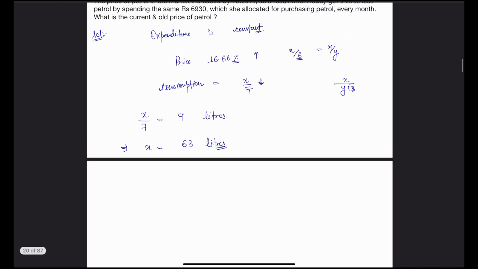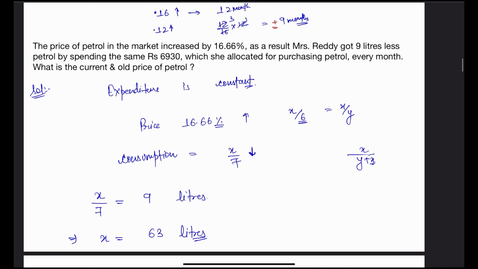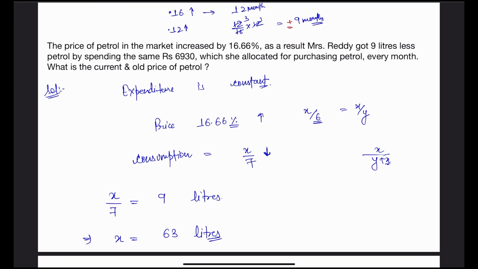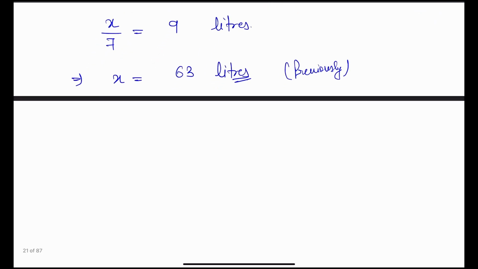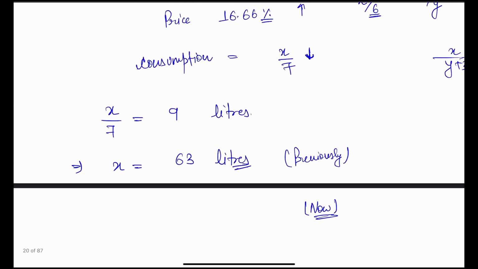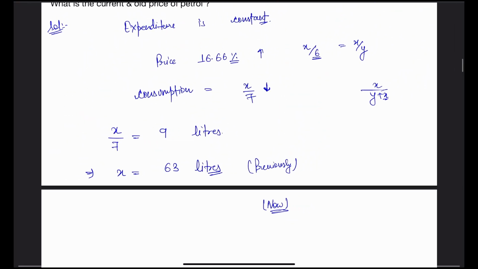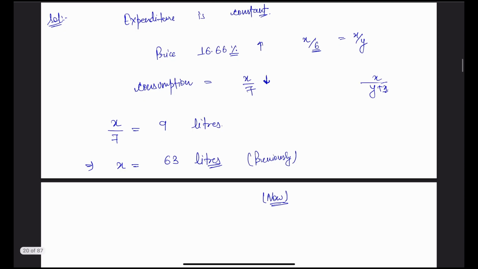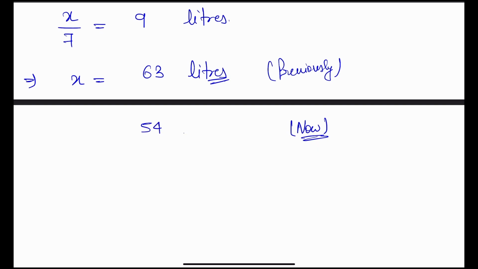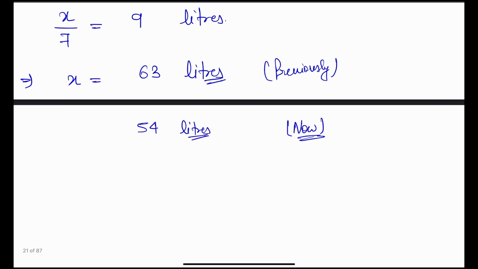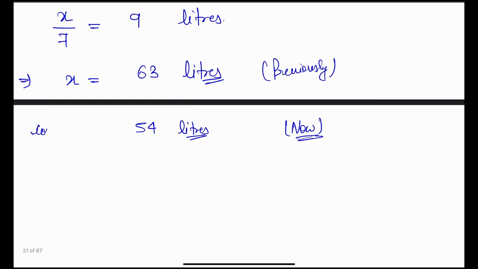So now we know how much petrol he used to take previously, and how much he can get now: 63 minus 9, that would be 54 liters, his new consumption.